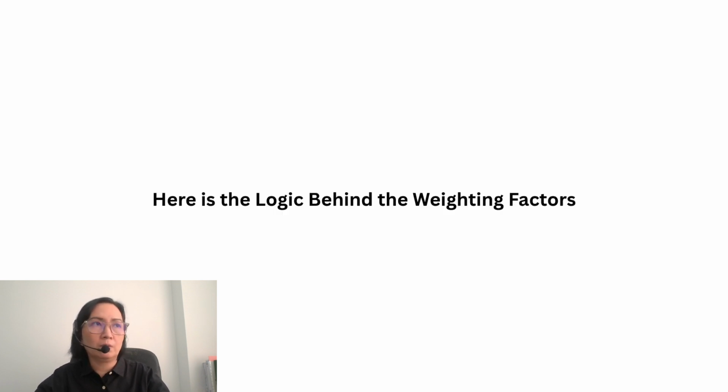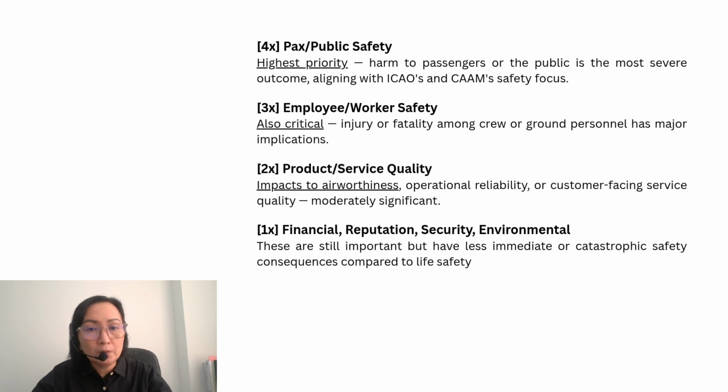Here is the logic behind the weighting factors. The logic is to prioritize the impact areas based on their potential consequence, severity to aviation safety and operations. Times 4, passenger public safety: highest priority, as harm to passengers or the public is the most severe outcome, aligning with International Civil Aviation Organization, ICAO, and local civil aviation safety focus.